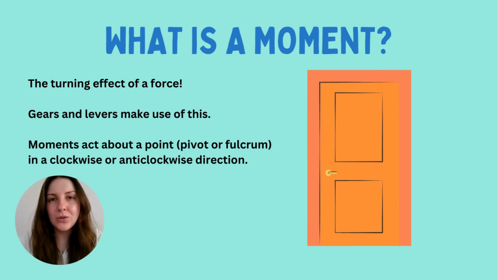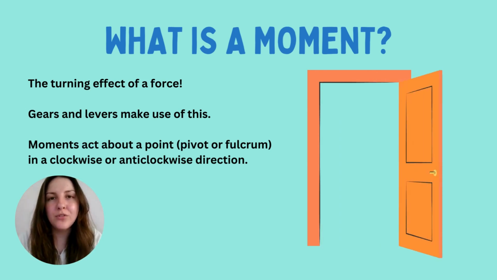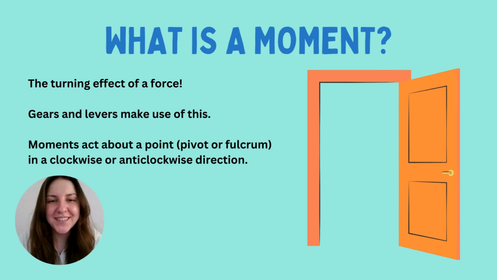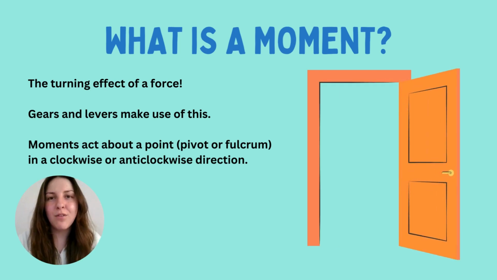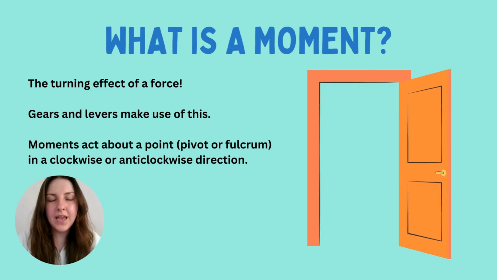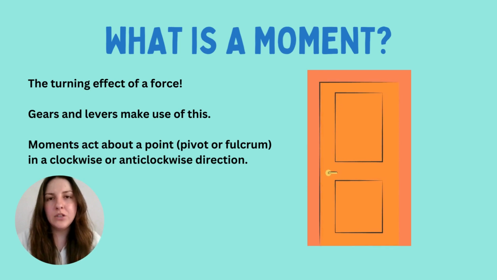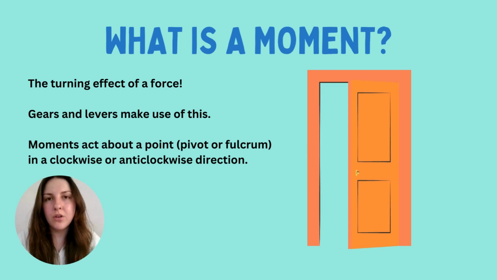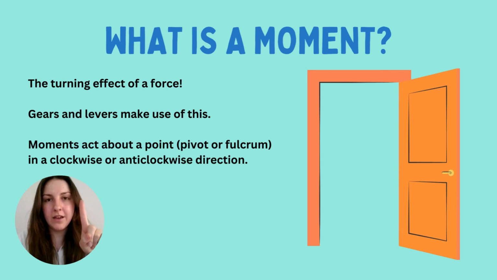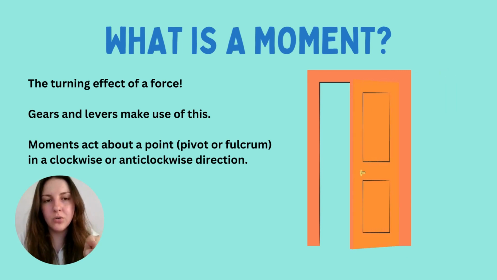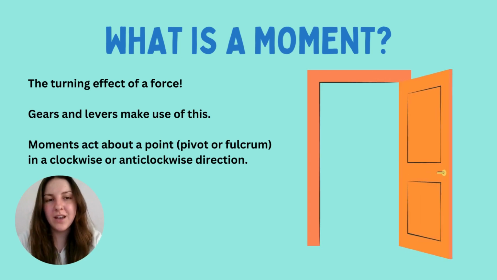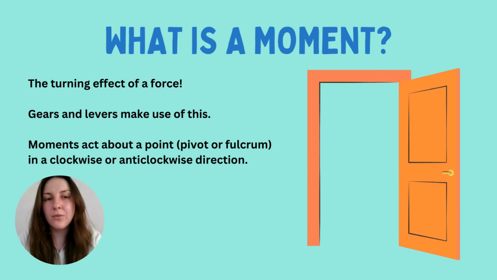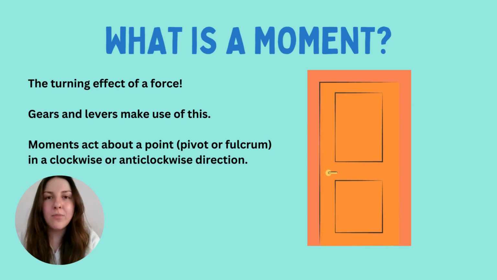If you want to, you can demonstrate moments right now if you're watching this. If you have a door nearby, open the door and push it with just one finger. Push the door closest away from the hinge, as you can see in the image, the doorknob is furthest away from the hinge.